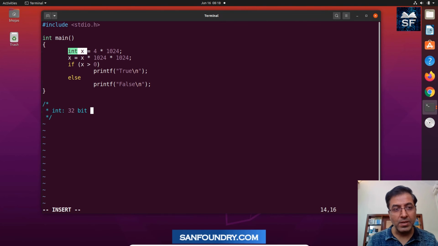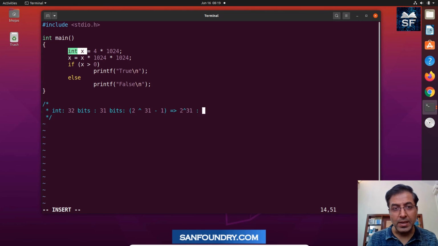So for a signed integer, we are only constrained with 31 bits of information, right? Integer is 32 bits, but it is signed, so 31 bits. When you look into 31 bits in mathematical notation, 2 to the power 31 minus 1 is the maximum possible value that you can store. We'll ignore the minus 1 for the time being for our calculations and just see what 2 to the power 31 is.